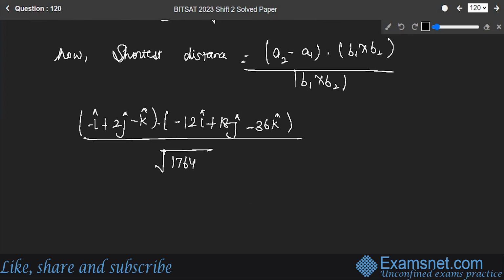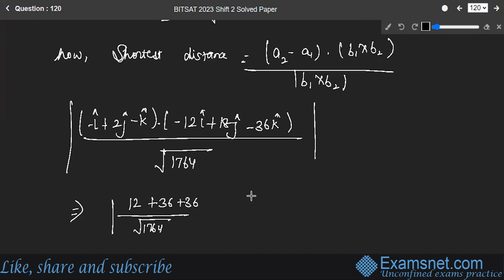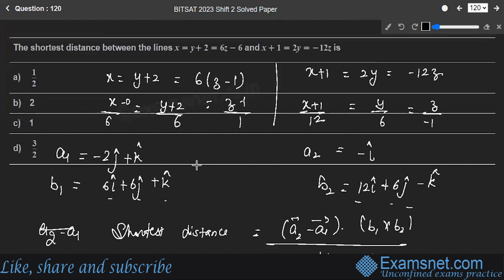Taking the mod, 12 plus 36 plus 36 divided by this, so this is equal to 2. So the answer to the question is option B.